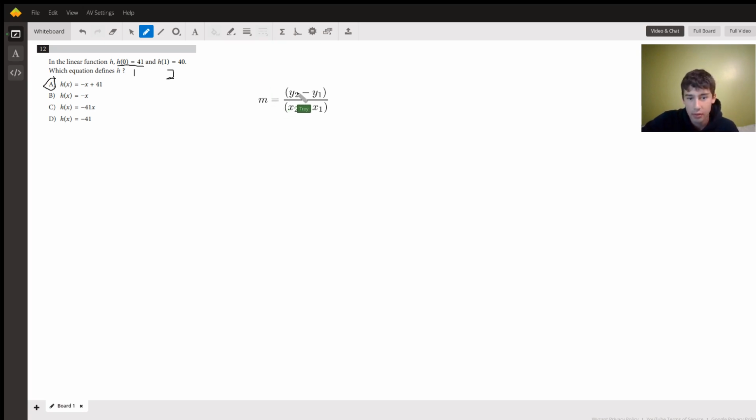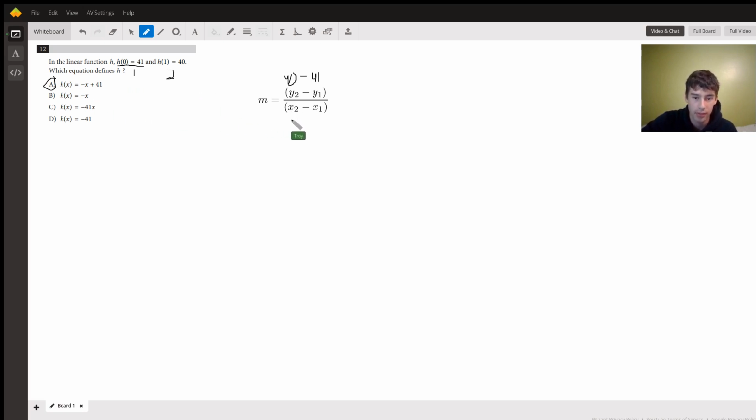So y2 is the y from our second equation, and we can see that the value of the function when x equals 1 is 40. So this is 40 right here. Then our y1 is our y from our first equation, and it's 41. Then we can do the same thing on the bottom here.